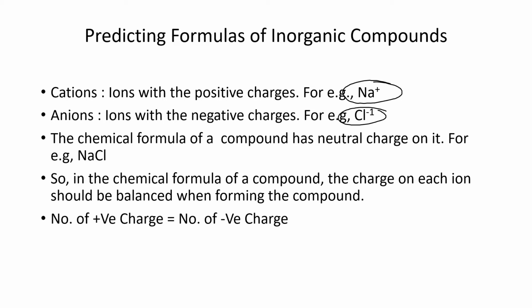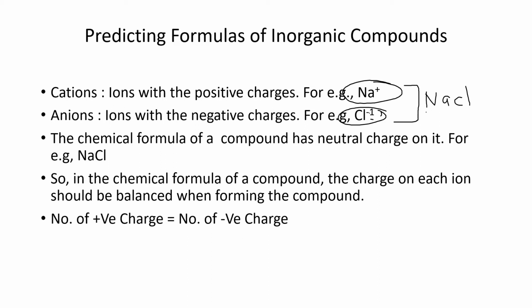That means when there is the formation of a compound, or we may say when sodium combines with this chloride ion and forms NaCl, this positive charge and this negative charge will cancel out each other.